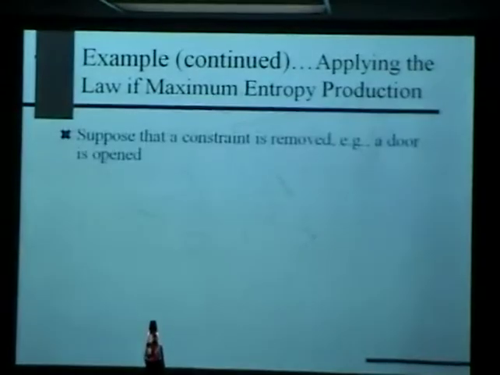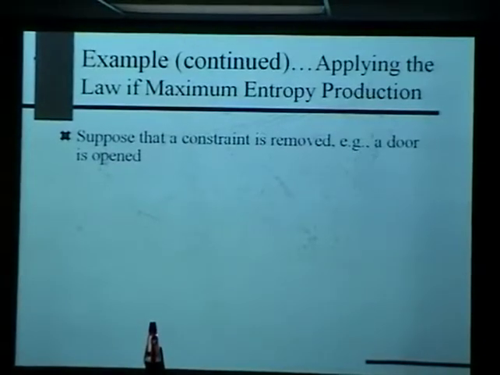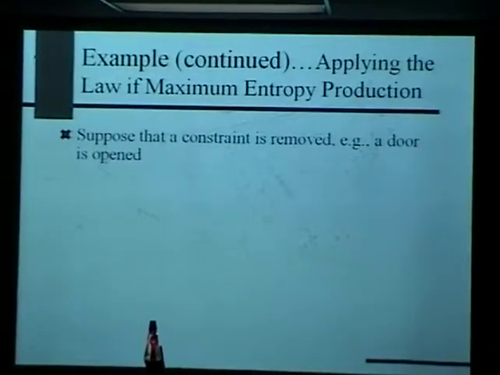But this law of maximum entropy production says that if you change a constraint, like, for example, you open a door in your house, think about what happens. All of a sudden the system is going to seize the opportunity. It's going to shift most of that thermal energy flow through that open door.